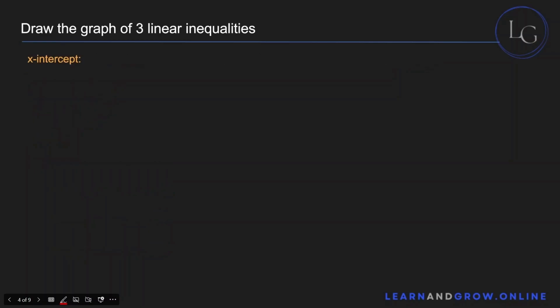Okay, so the next step, obviously, is to find the x-intercept of all three equations, 1, 2, and 3. And how do you do that? You plug in the value y is equal to 0 in all three associated equations and find out the resultant value of x. That will give you the x-intercept, right?